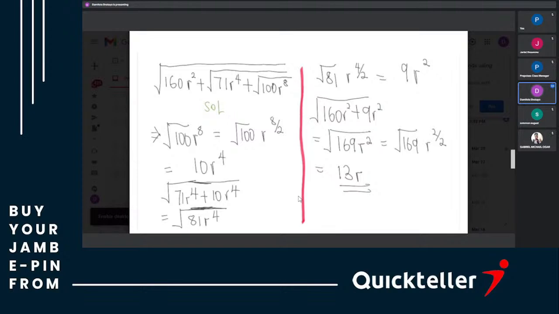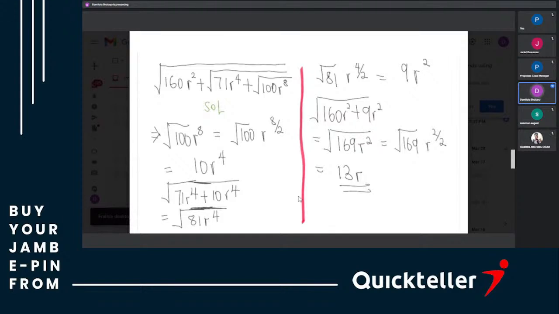The root of 100 is 10, and the root for the r is 8 divided by 2, which is 4. So that will give me 10 r raised to power 4. That's how to find the root for letters like r. We don't take a square root of it, we only turn the root into divided by 2. I hope that's clear.